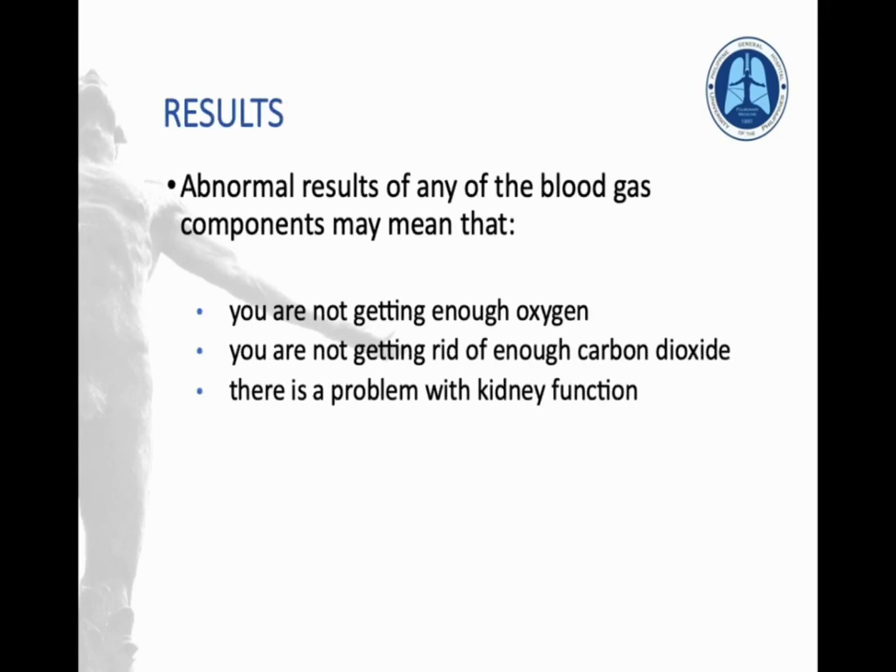For the results, abnormal results of any of the blood gas components may mean that you're not getting enough oxygen, you're not getting rid of enough carbon dioxide, or there is a problem with kidney function.